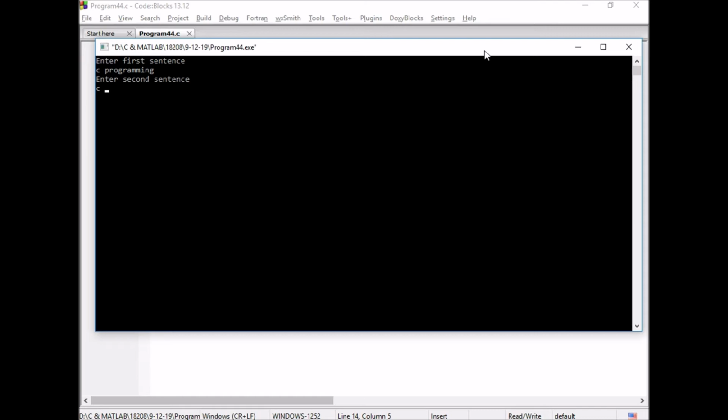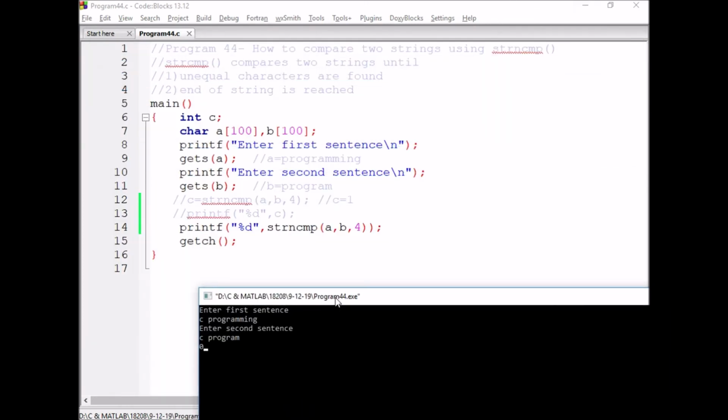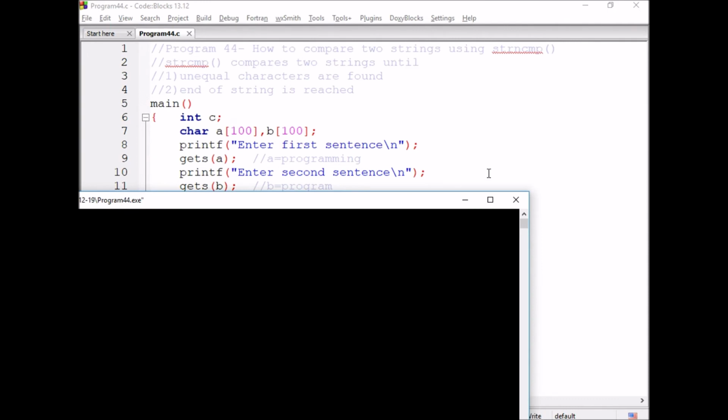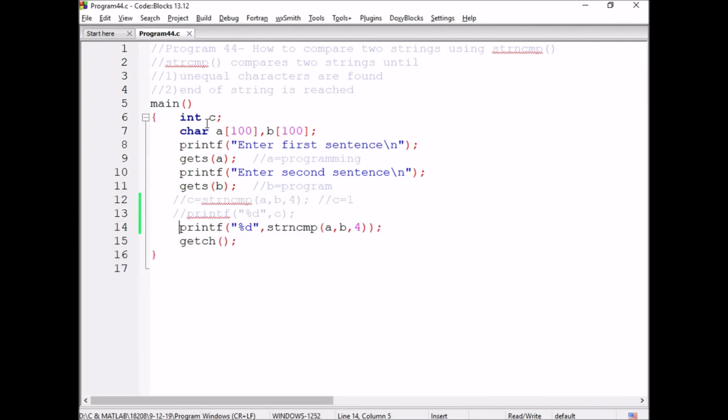If I write C program, both are different, but until the 4 characters both are same, so the result is 0. Here actually there is no use of the C when we don't use this. Okay, we can give this in the comment section. Execute this program. You can observe here.